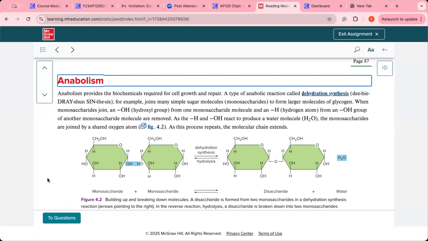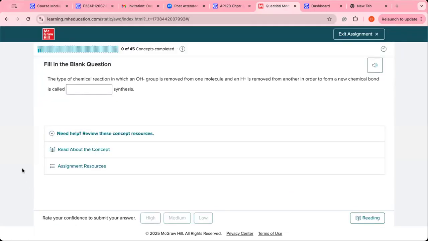Okay, so what is the question again? Oh, it would be dehydration synthesis. So you have to write dehydration in the box.